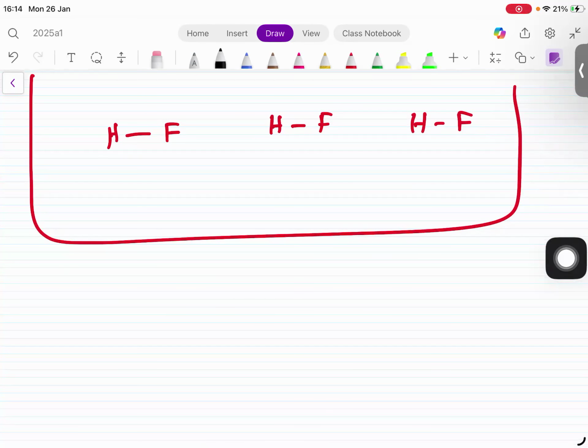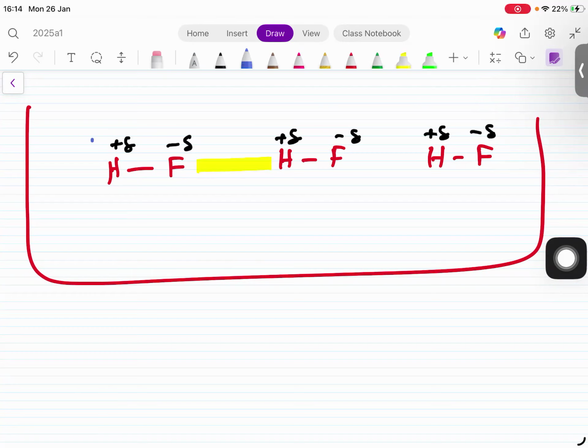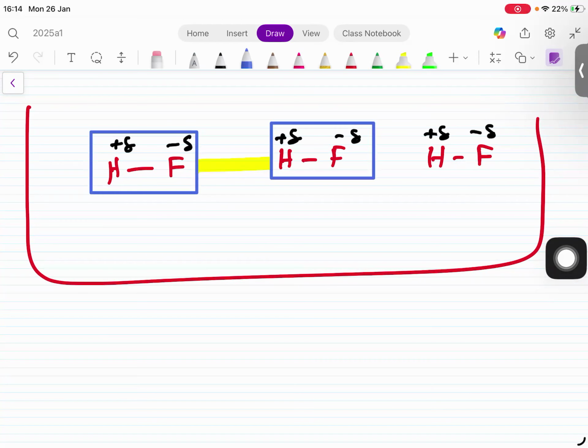Before I go to the hydrogen bond formally, if I ask you about this, this is polar. What about this? What will be the force of attraction here? What is the force of attraction? There are permanent dipoles.